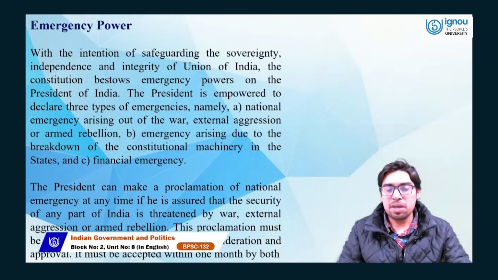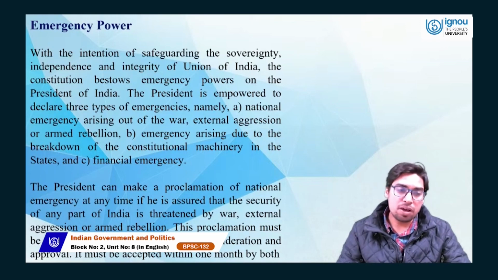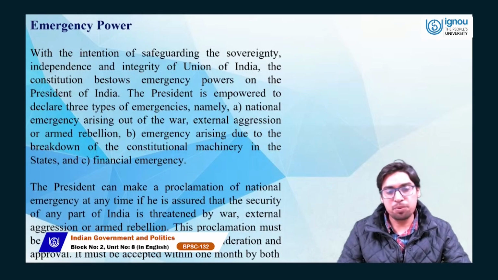The President can make a proclamation of national emergency if he is satisfied that the security of any part of India is threatened by war, external aggression, or armed rebellion. This proclamation must be submitted to Parliament for its consideration and approval.